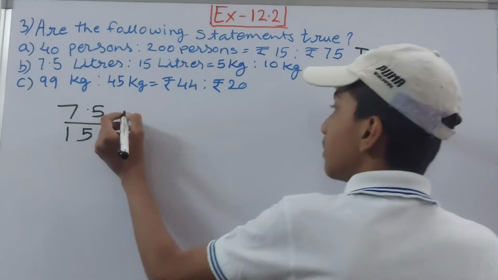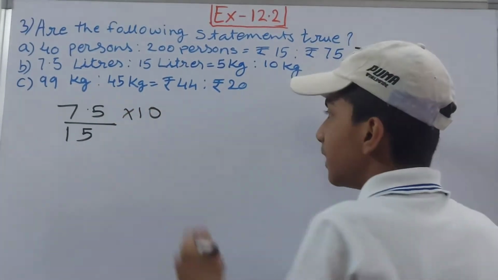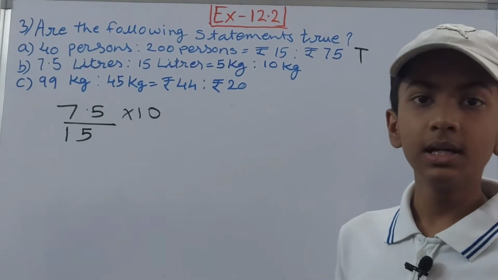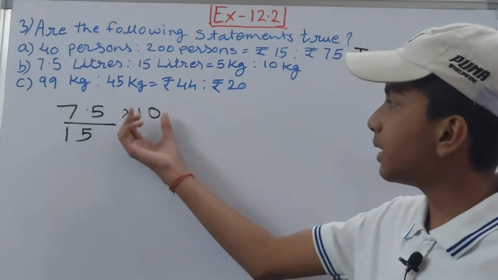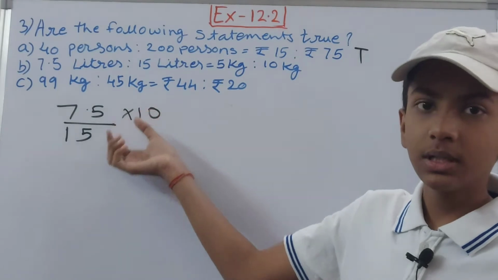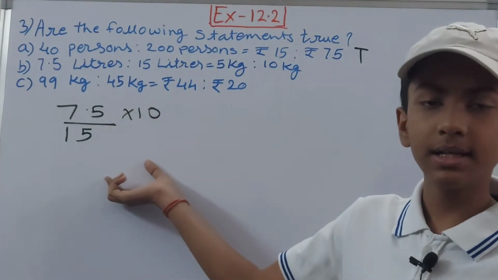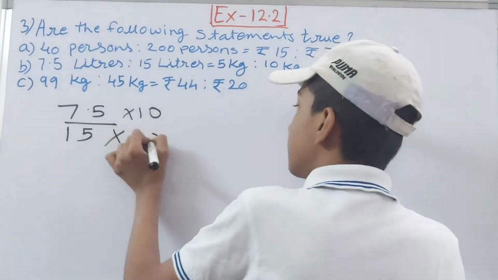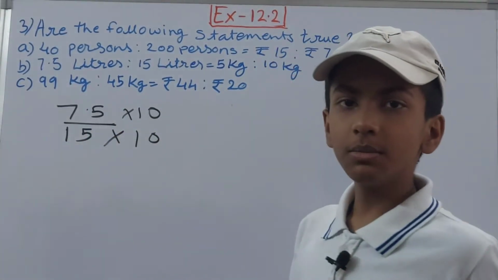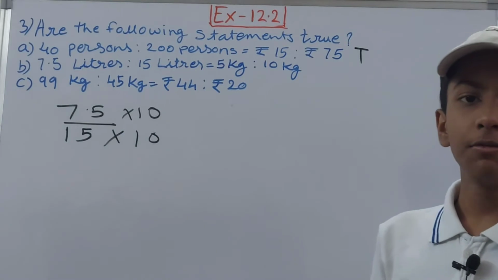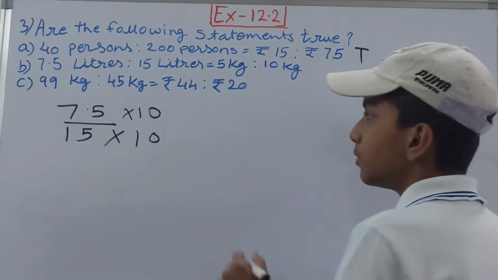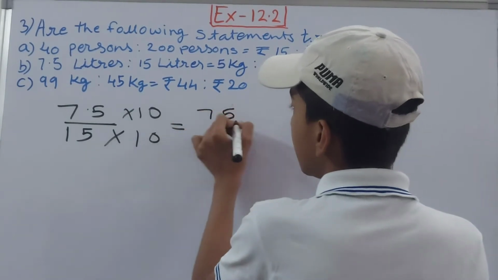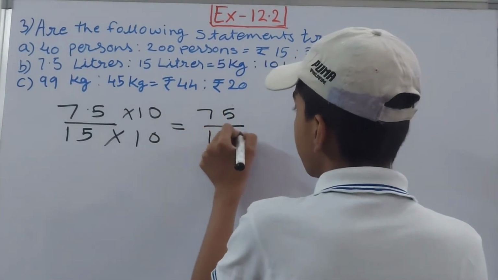Now we have also studied that if you are multiplying by 10 in the numerator, then we have to multiply by 10 in the denominator as well. So we will do that over here as well. Now when you multiply this, you will get numbers without decimals and easy for you to simplify. So this becomes 75 and this becomes 150.